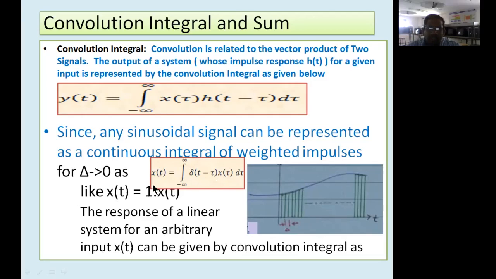We get x of tau only. Which means it is supporting the shifting property. So any signal which supports the shifting property is suitable to use in the process of convolution. That is what we have to remember whenever we use a signal in the convolution process.